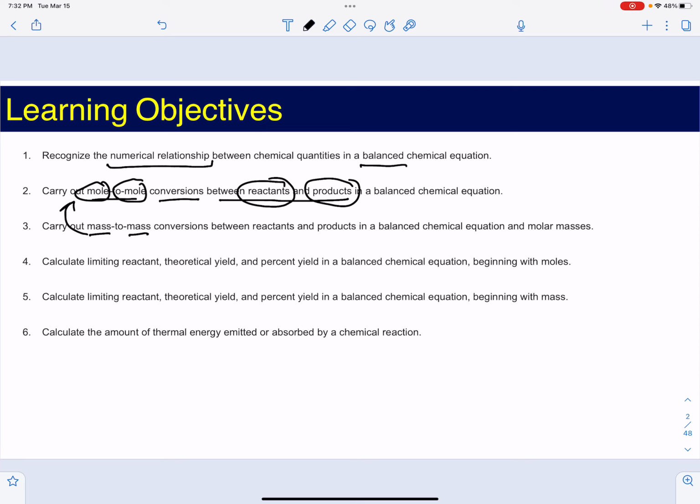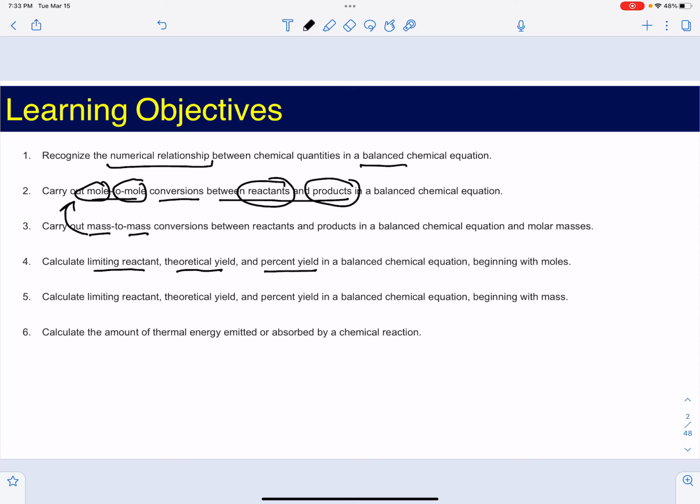And then we are going to learn some new concepts: limiting reactant, theoretical yield, and percent yield, which are really easy to explain using cooking. If you buy a box of mixture to make cookies, and the box tells you that you should be able to make 10 cookies, but when you make the cookies in the oven, something goes wrong with the oven and you only make 5 good cookies, so you only get to do 50% of them.